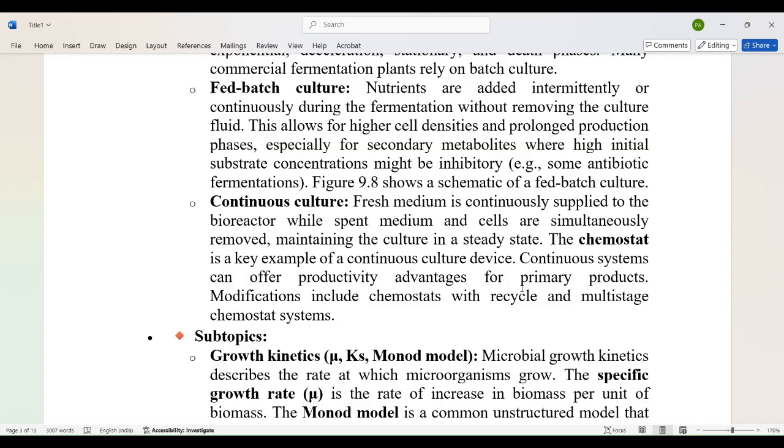This is what keeps our continuous culture in the state of chemostat. I hope this is very much clear to you all.